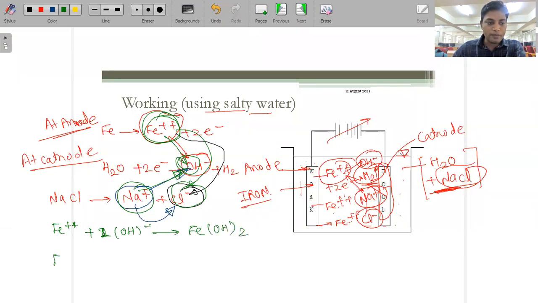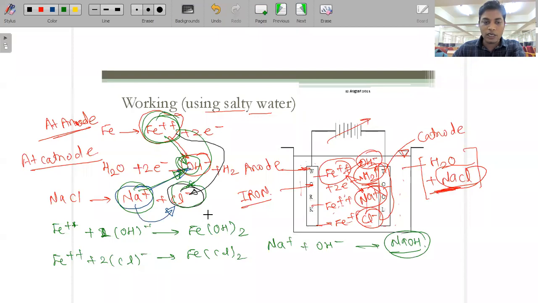Or Fe plus plus ions can react with 2 Cl minus ions and form FeCl2. And you can also write that Na plus ions can react with OH minus ions and form NaOH. Now NaOH, Fe(OH)2 and FeCl2 are nothing but sludges, meaning wastage of the material which is depleted from the workpiece area. These are the ion based equations.